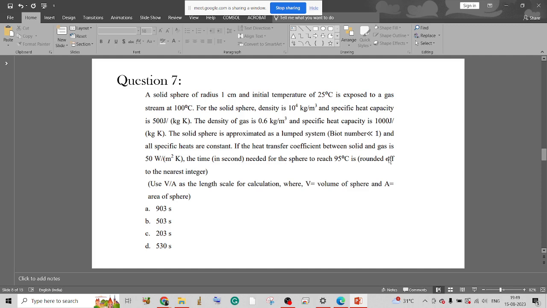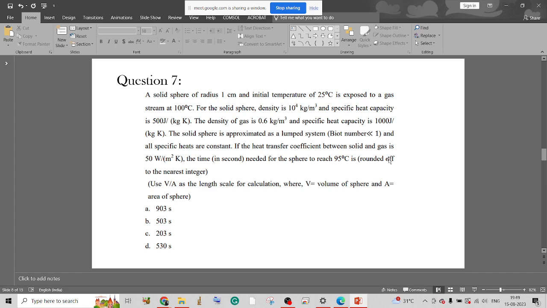For the solid sphere, the density is 10 to the power 4 kg per meter cube and the specific heat capacity is 500 joule per kg Kelvin. The density of the gas is 0.6 kg per meter cube, and the specific heat capacity for gas is 1000 joule per kg Kelvin.